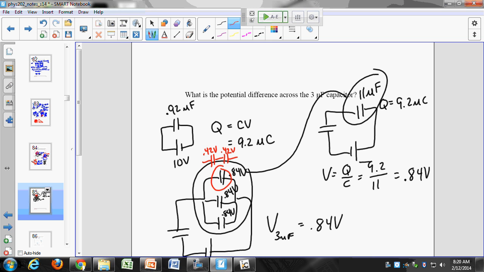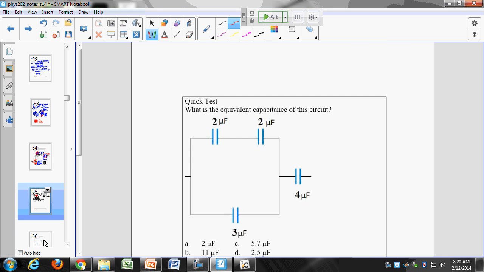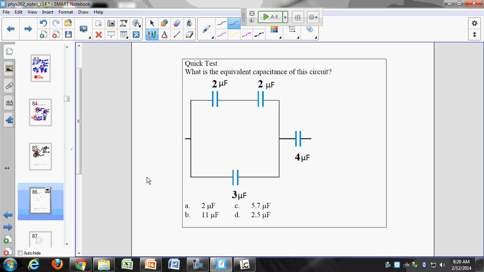Let's try this quick test, though, this next quick test. We have a few more minutes, so let's... Just tell me, what is the equivalent capacitance of this circuit?